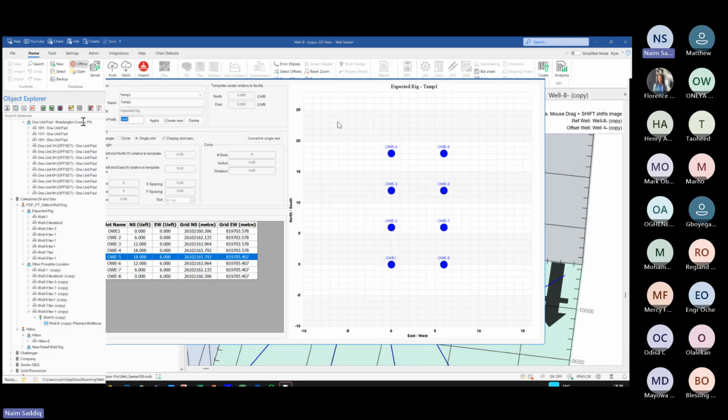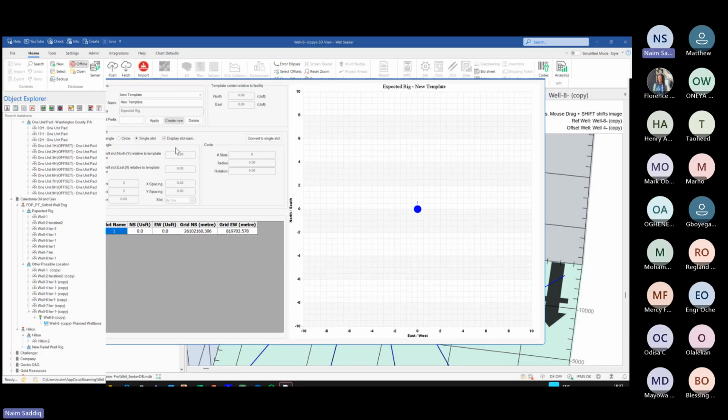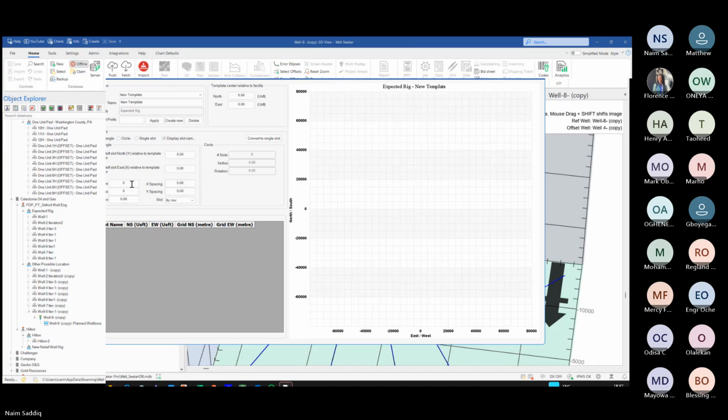Okay, so just call it BH, for example, and create new. Okay, this one you can actually create any other shape you like. I mean, ideally you want to say I want to have maybe a rectangular pattern, maybe a square pattern, 3 and 3. I would like them to be 10 feet apart from each other.